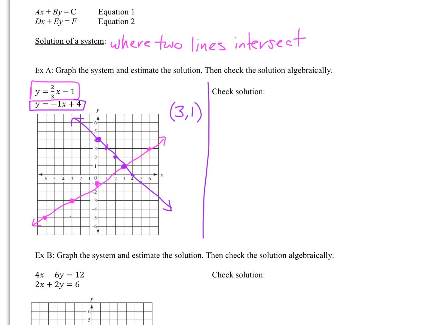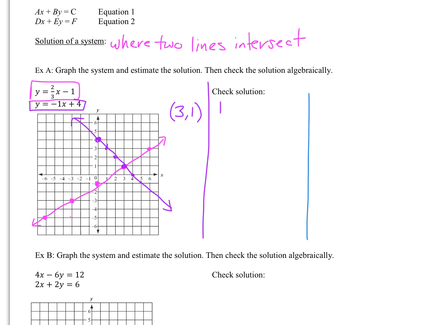Okay. So in order to check the solution, and again, I'm not going to make you do this every time because this is kind of a lot, you need to take your answer and plug it into each equation to see if it works or not. So I'm going to take my first one, and it says y equals, right? So what's the y value we think is the solution? All right, so 1 is the y, right?